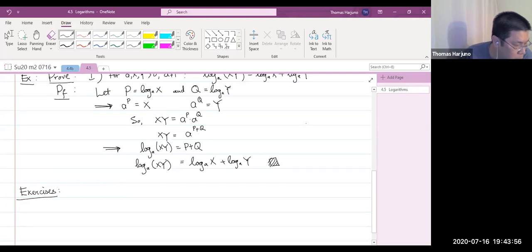Let's say we will do question number 2 from this 4.5. So number 2 is good. Number 2 first, and after that I do number 4. Number 2.